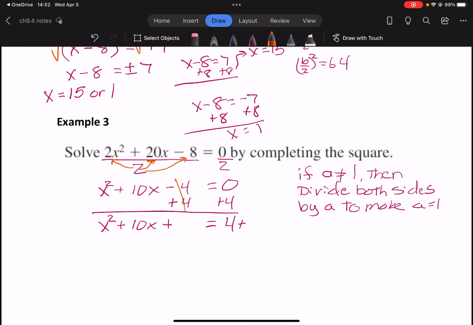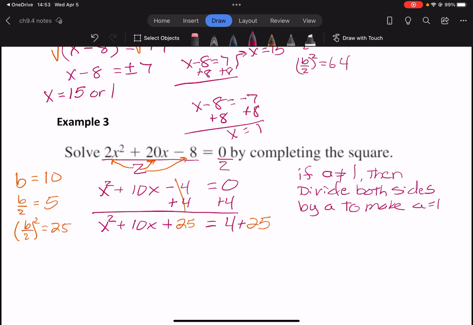So I look over on the left side, my b, the number on the x, is 10. b over 2: I take 10 divided by 2, which is 5. b over 2 squared is 25. So now I'm going to add the 25 to both sides.